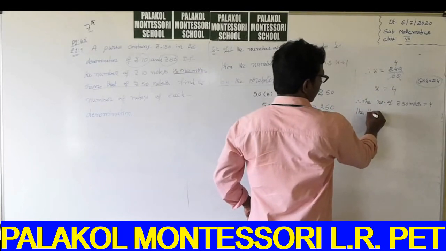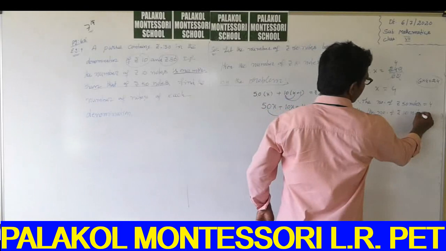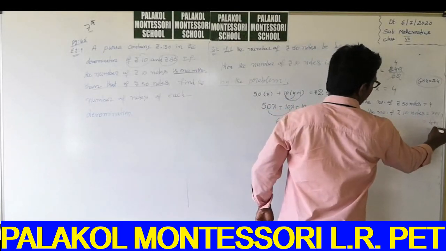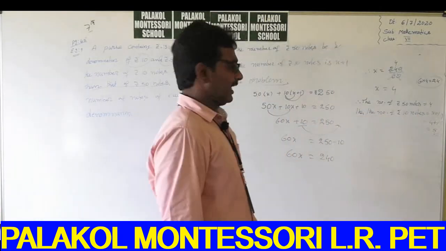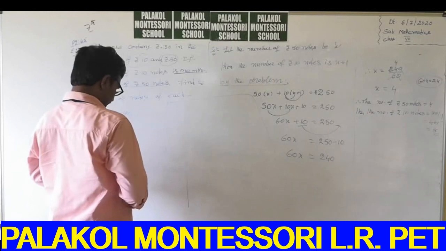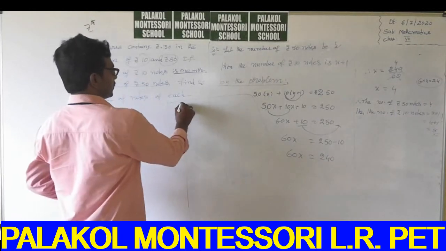Then the number of 10 rupees notes is x plus 1, 4 plus 1, is equal to 5. Is it right or wrong? Check it.